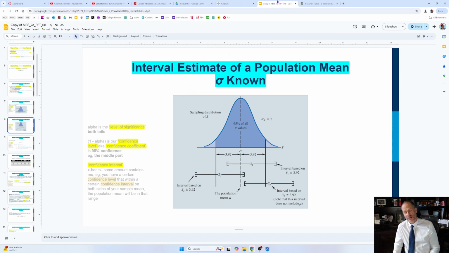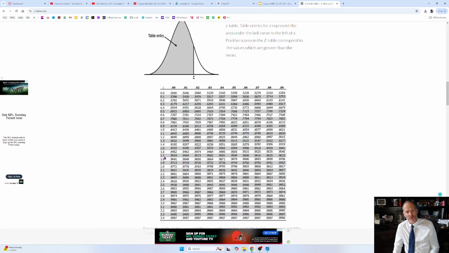At 90% confidence, or an alpha of 10%, alpha divided by 2 is 5%. So here, this 5% is in the upper alpha tail, and 95% of the data is to the left of that. You get 1.645.